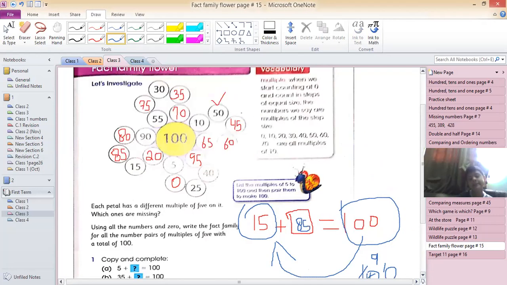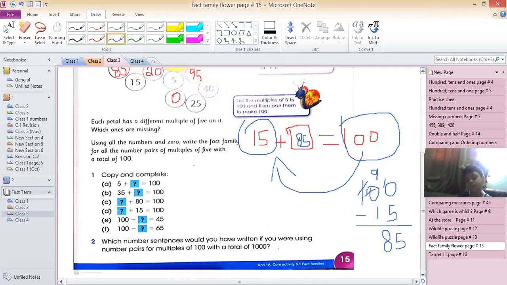Let's suppose I take this number 55. 55 plus what will give you 100? Again, the rule is the same, guys.